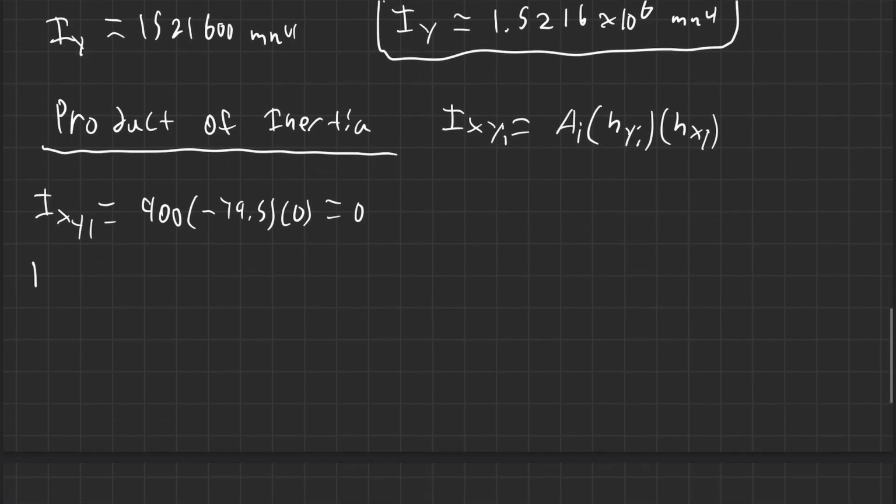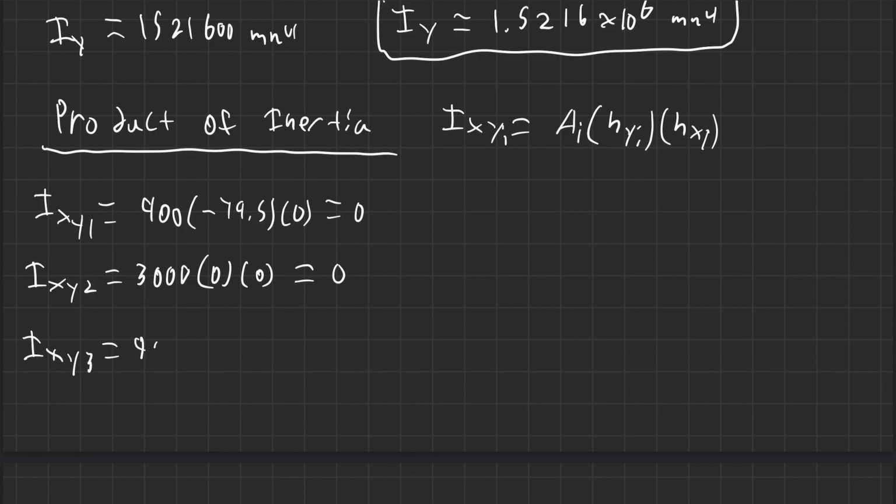Let's do Ixy2. So you go 3,000 times 0 times 0 equals 0. Ixy3 equals 900 times positive 79.5 times 0 equals 0.